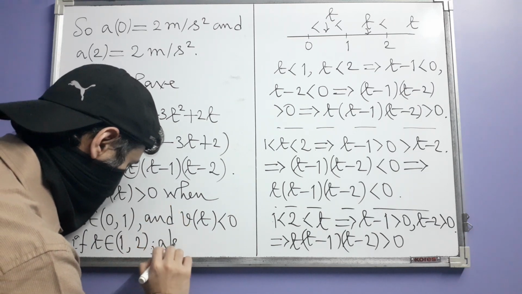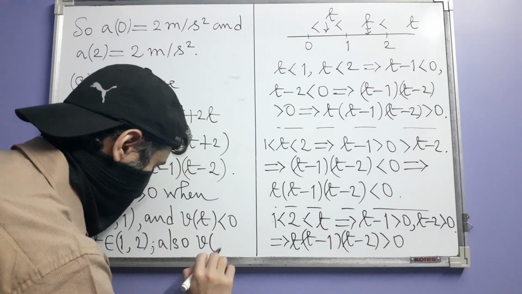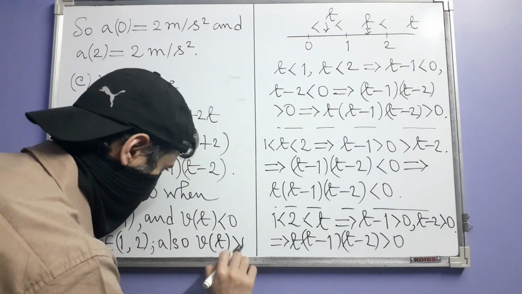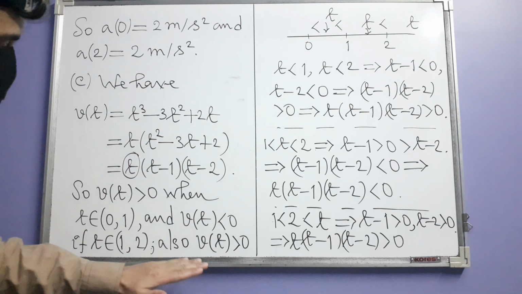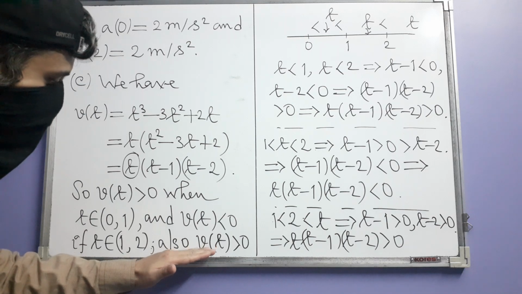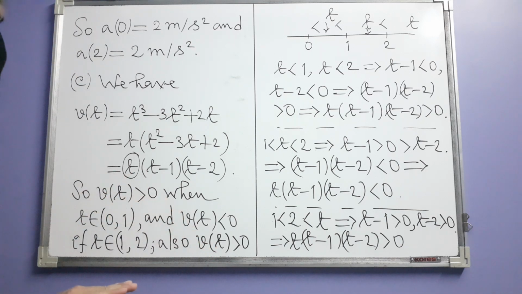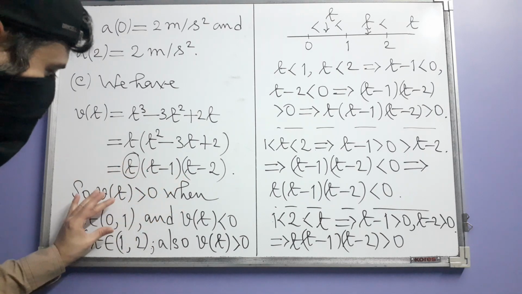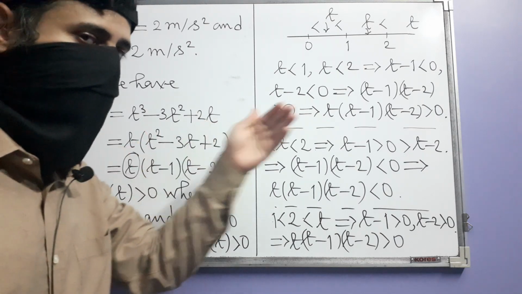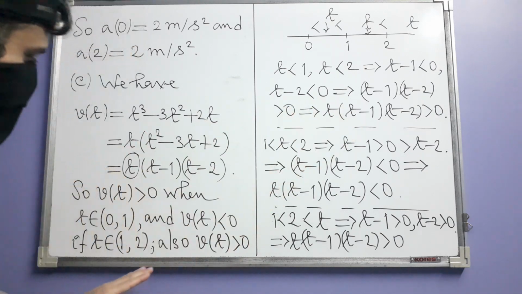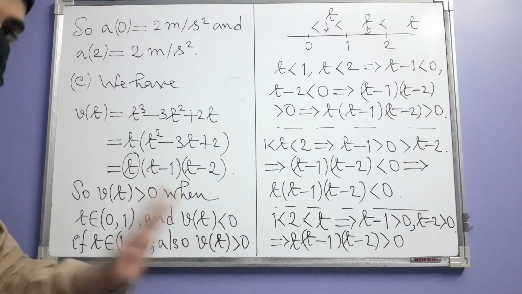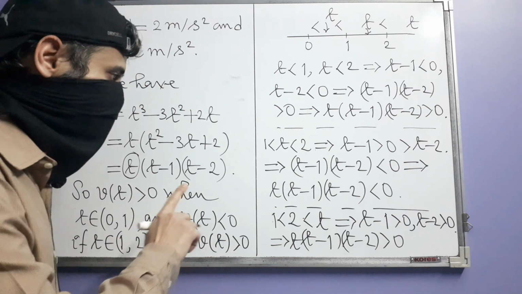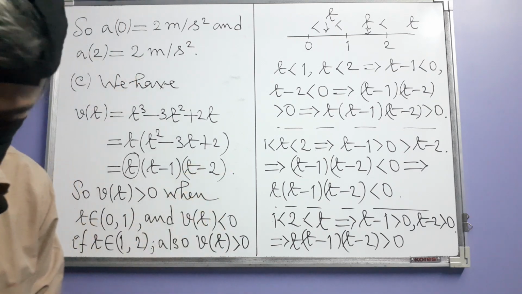Also, v of t is greater than 0 if t is greater than 2. If you want, you can combine this and this, but I wanted to first explain this part separately because the motion is going like that now.